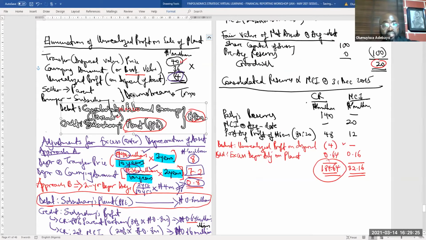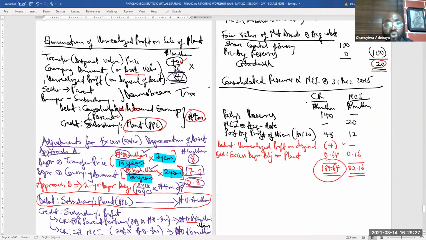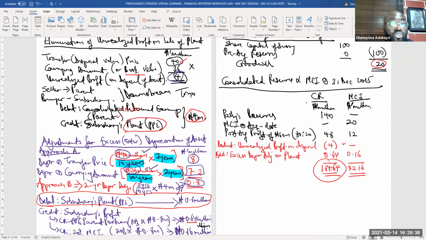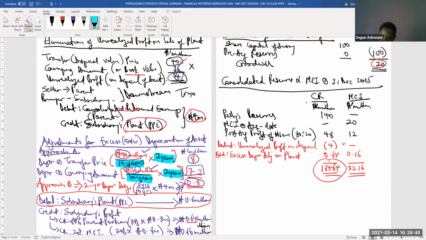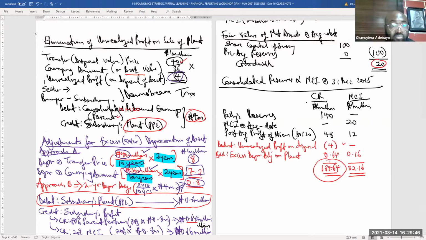The difference is who is the seller in this case. The seller has changed from the parent to the subsidiary, and the buyer has changed from subsidiary to the parent, which gives us an upstream transaction.